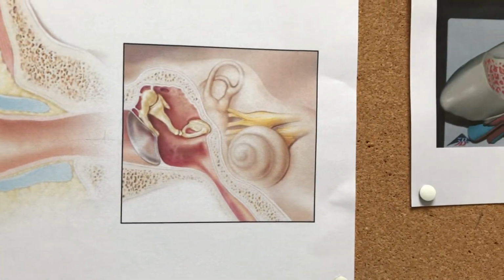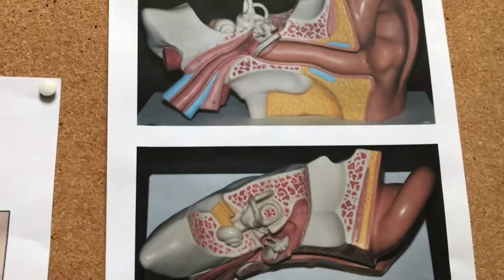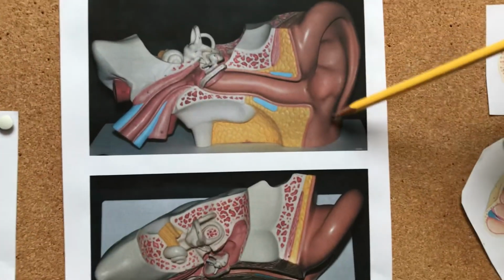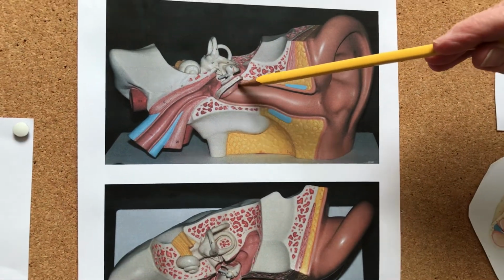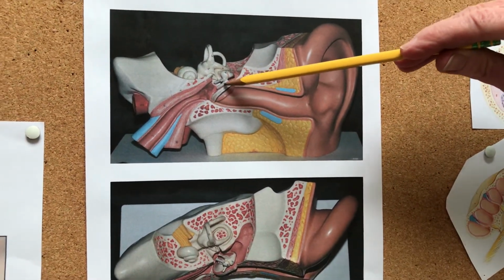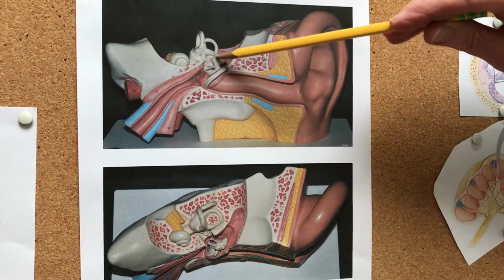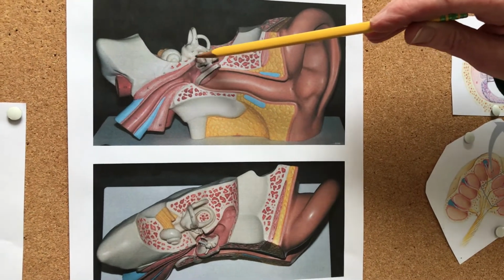Now looking at this figure, we have a picture of the actual ear model that you would have seen in lab. Again, pinna or auricle, auditory acoustic canal, your tympanic membrane, then you have the three bones, the malleus, the incus, and the stapes, M-I-S, to try to remember them in order. They will pass the sound wave into the inner ear.